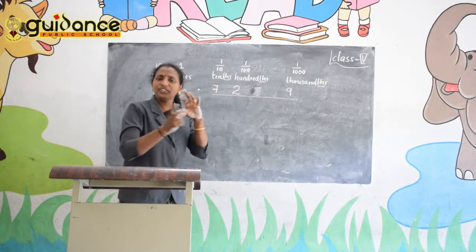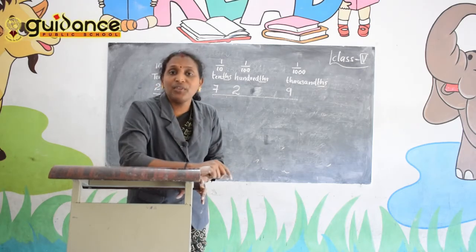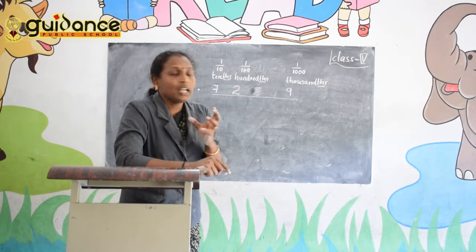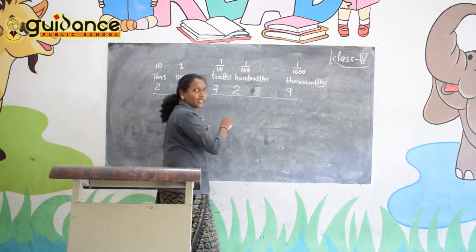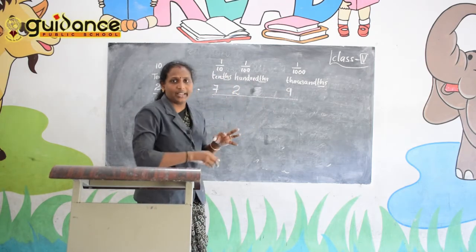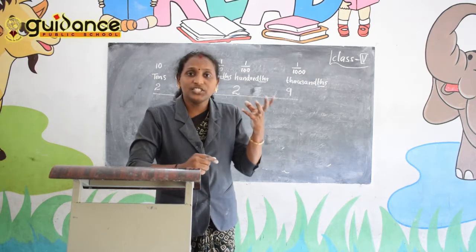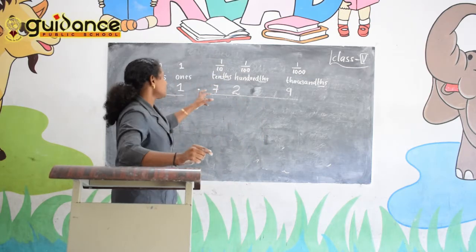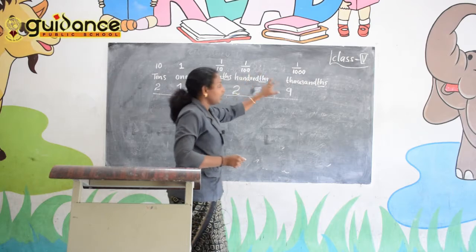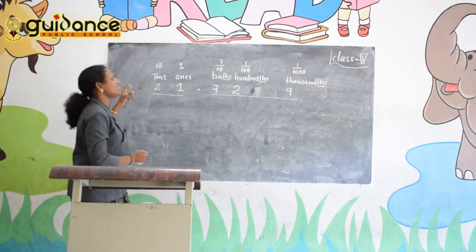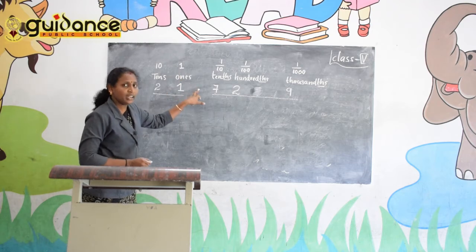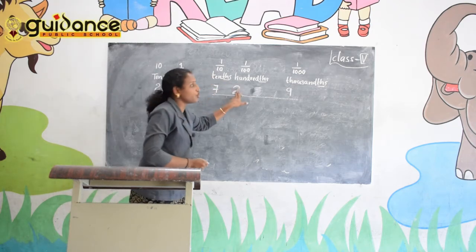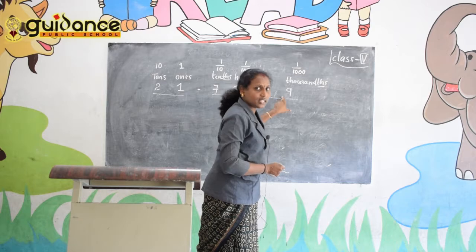After the decimal point, we will say the digits one by one: 7, 2, 9, not seven hundred twenty-nine. So we read this number as 21.729. This is the way.